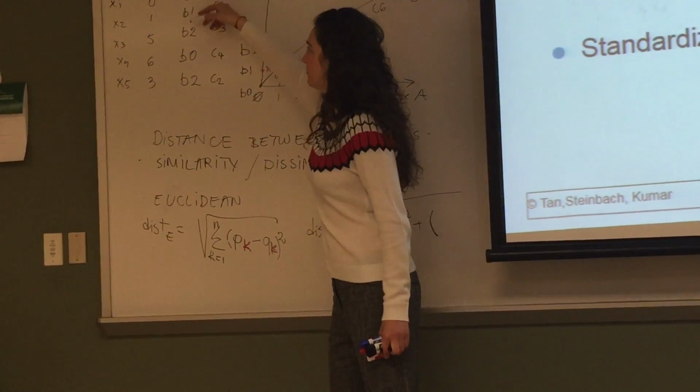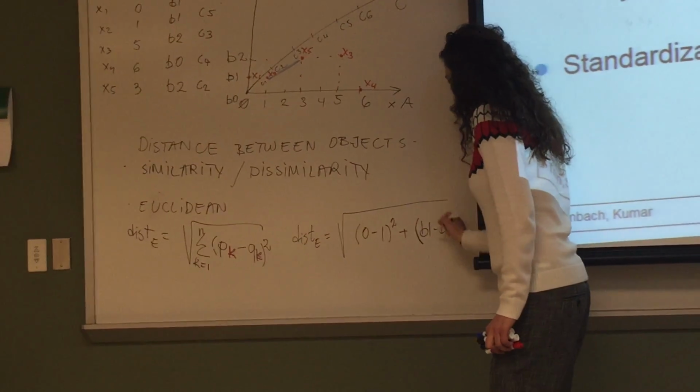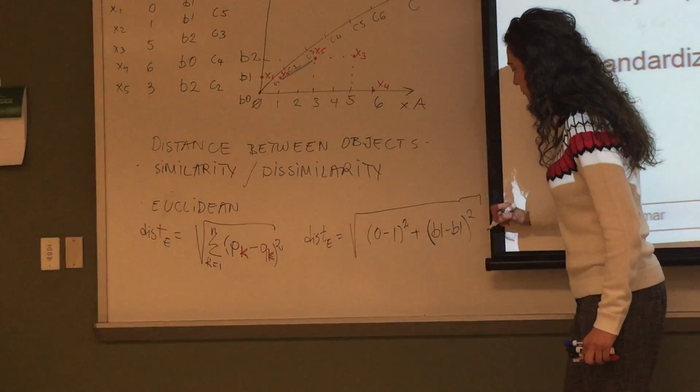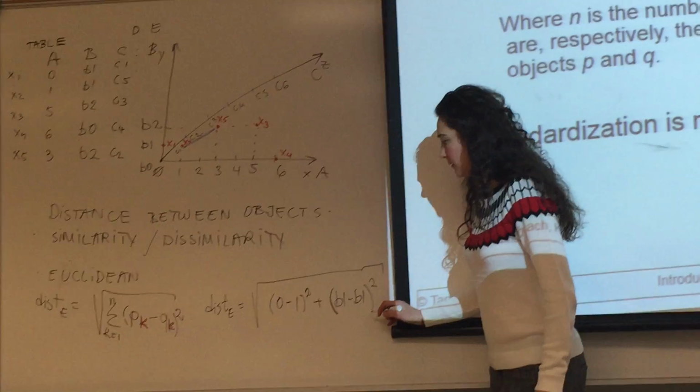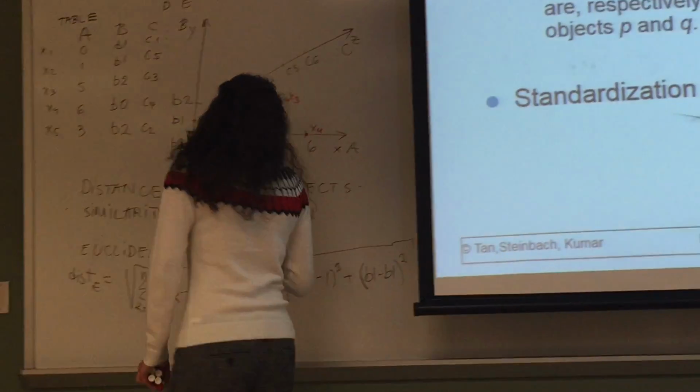Difference between values for B, both of them have b1. This will be the Euclidean distance between object x1 and x2.